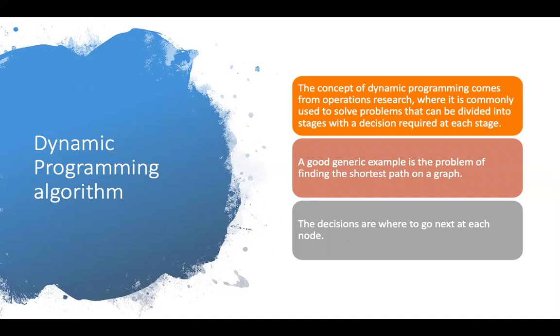A good generic example is the problem of finding the shortest path on a graph. If there are 2 points in a graph and you want to find which path is the shortest, there may exist multiple paths from one point to another. So you need to find which path is the shortest one.